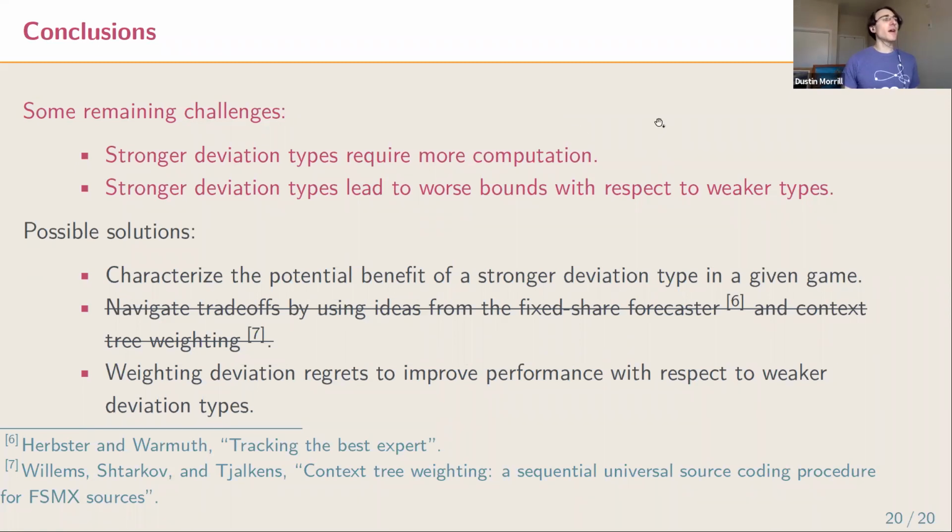Sure. So it comes down to the fact that a more complicated deviation type has many more of these regrets that we need to keep track of, and that gives us a notion of simplicity, separating these different deviation types.